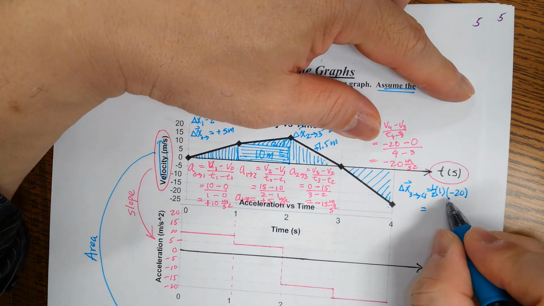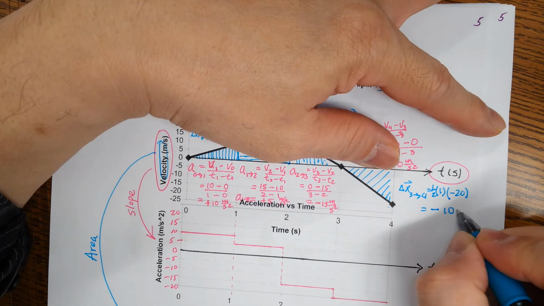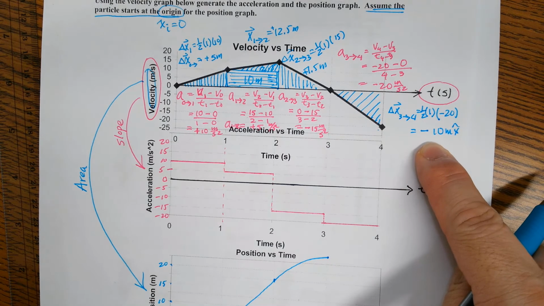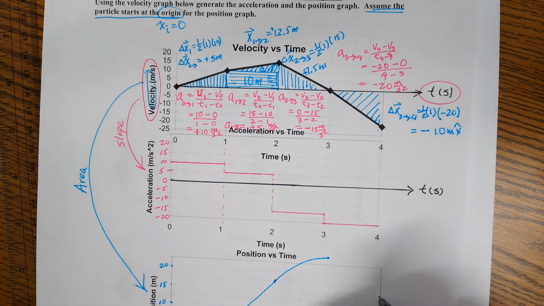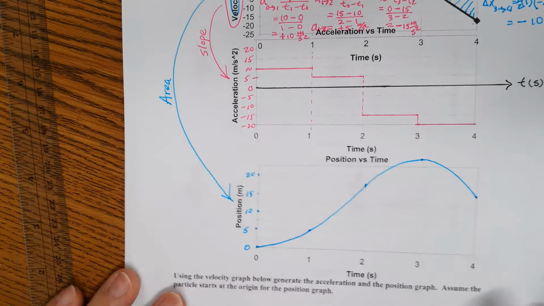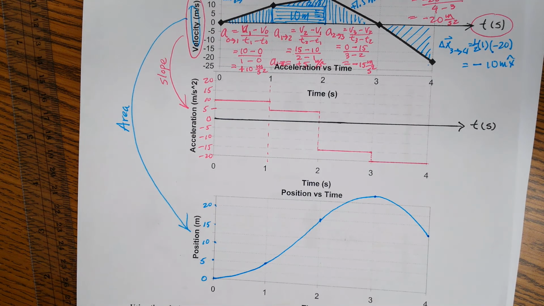So half of 1 times negative 20 gives me negative 10 meters. That means I am going in the negative direction by 10 meters. So I start here at 25, I guess, and then 5, 10, so I end up here at 15 meters. So that's what it's going to look like for the position versus time graph.